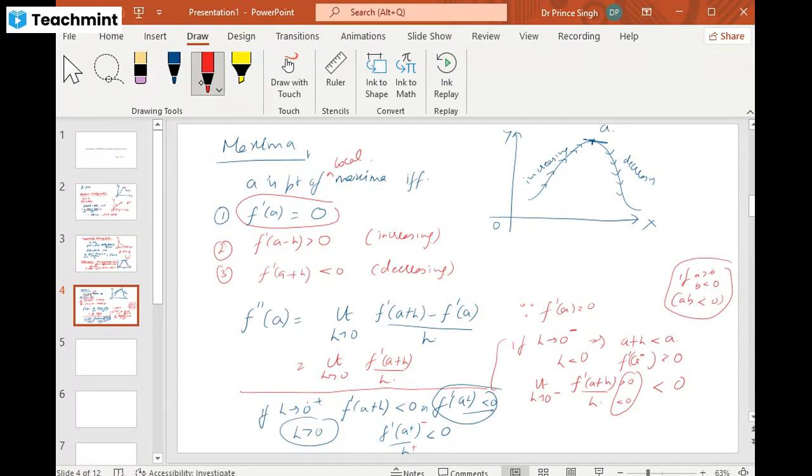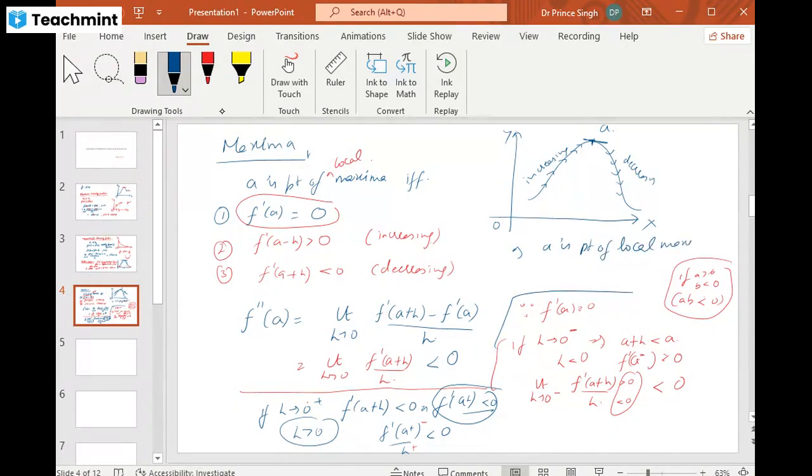So what do we conclude? Whether h tends to 0 from negative or from positive, the value of this derivative is always less than 0. So it concludes that a is a point of local maxima.